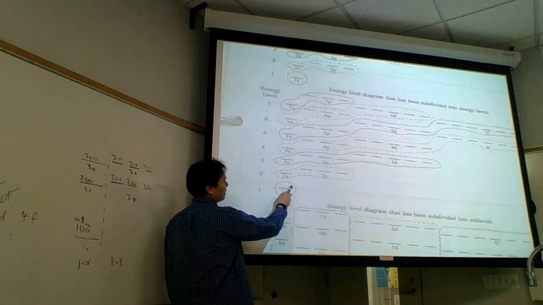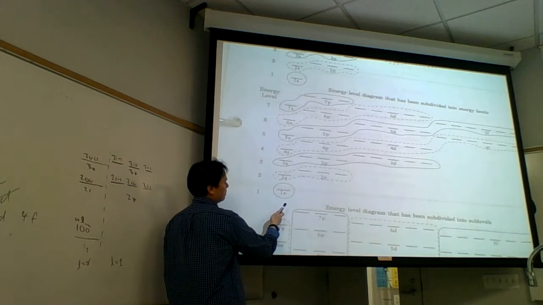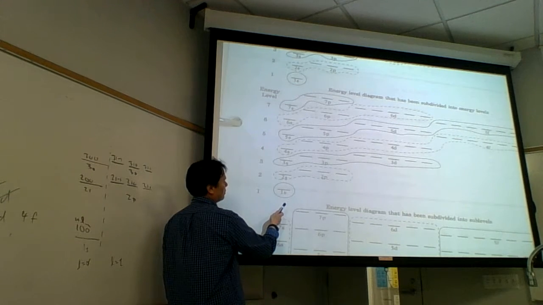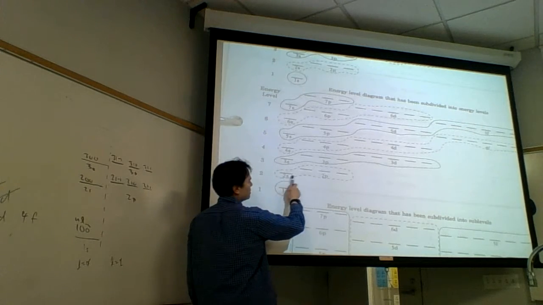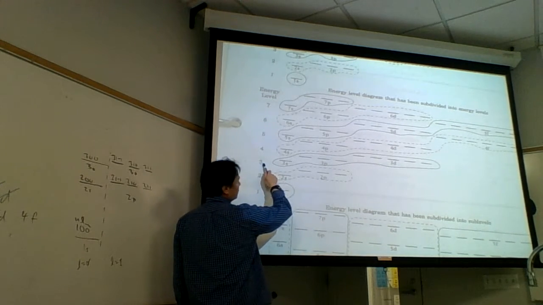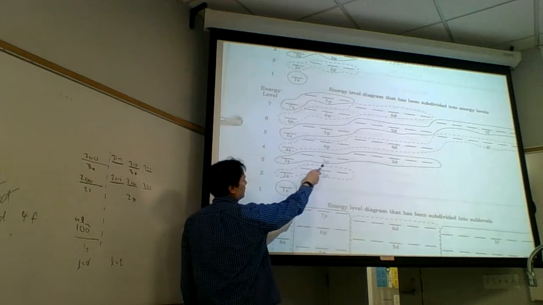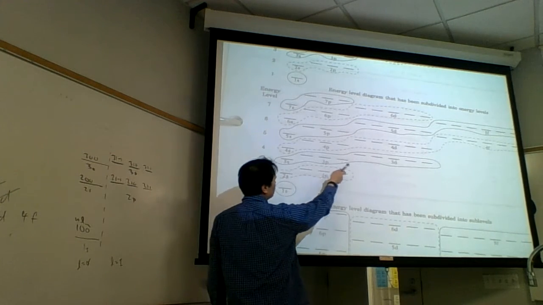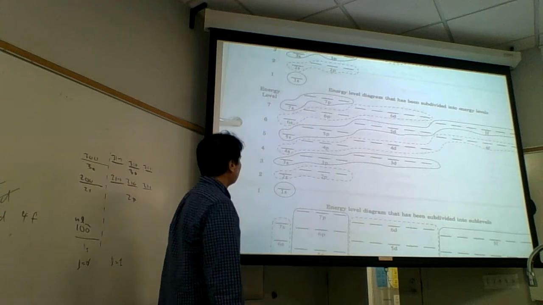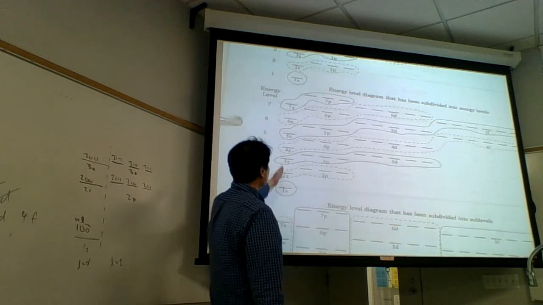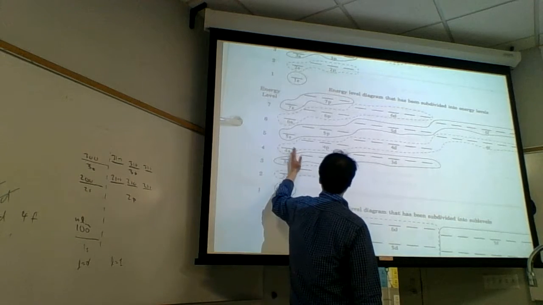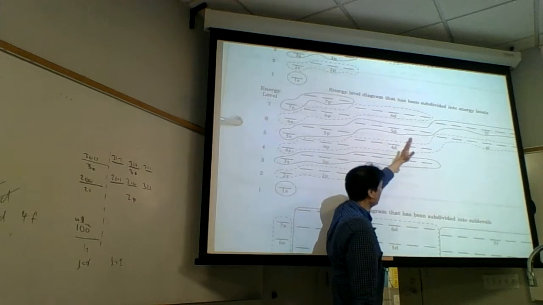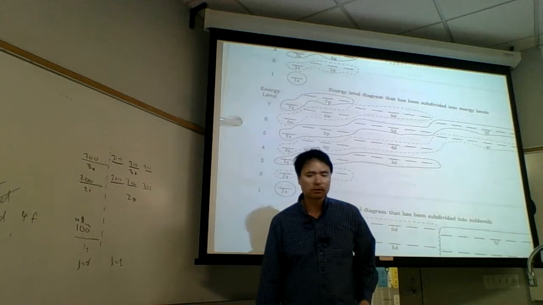For n equals 1, we only have 1: the L equals 0, 1s orbital. For n equals 2, we have 2 sublevels, the s and the p. For n equals 3, we have 3 sublevels, the s, p, and d, corresponding to 0, 1, and 2. For n equals 4, we have 4 sublevels, the s, the p, the d, the f. This will correspond to 0, 1, 2, and 3.